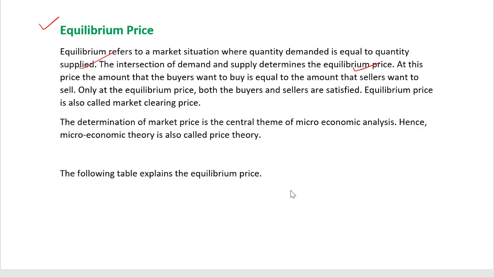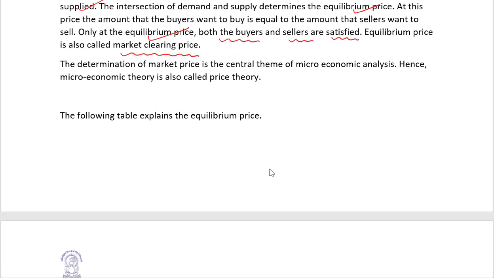Only at that equilibrium price, both the buyers and sellers are satisfied. And equilibrium price is also called market clearing price because the buyer is able to buy and the supplier is ready to sell. The determination of market price is the central theme of microeconomic analysis. Hence, microeconomic theory is also called price theory.